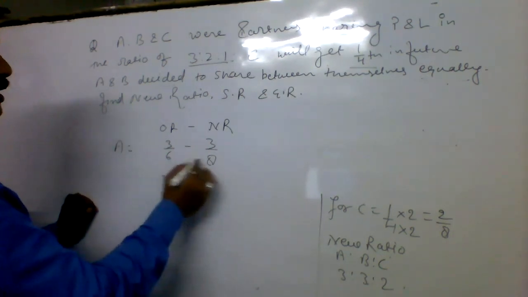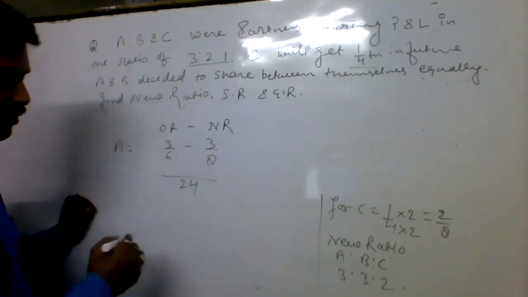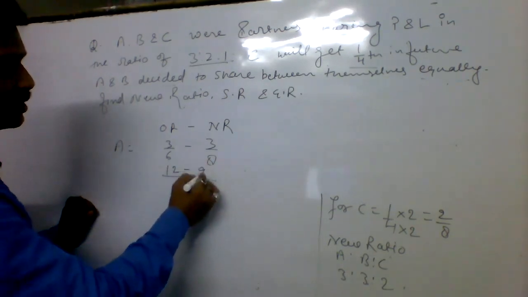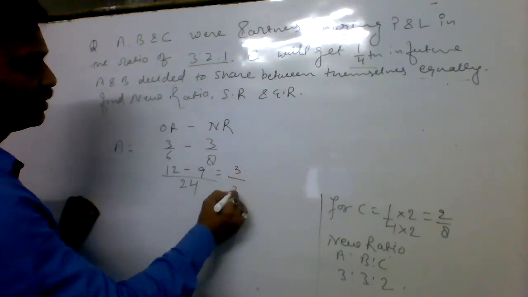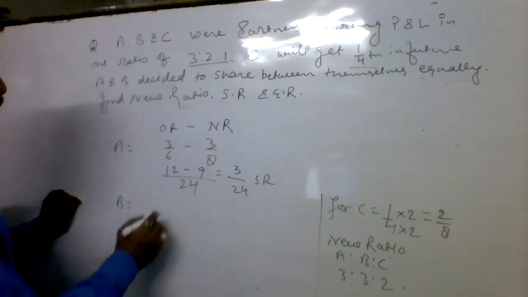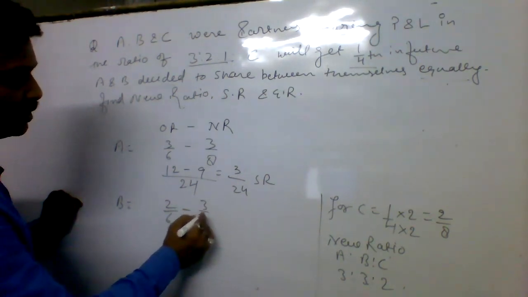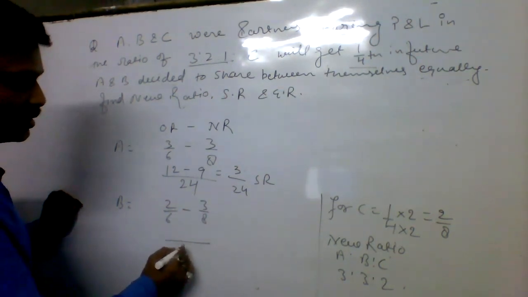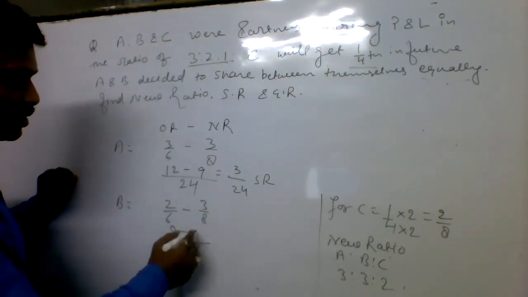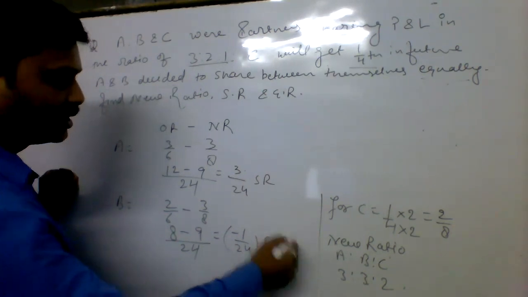The LCM of 8 and 6 would be 24. 6 fours are 24, so 3 times 4 is 12, and 8 threes are 24, so 3 times 3 is 9. So it will be 3 by 24, sacrificing because it is positive.